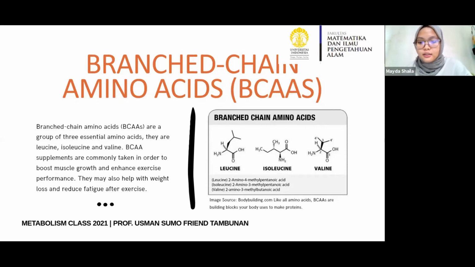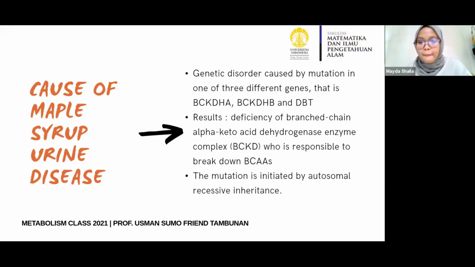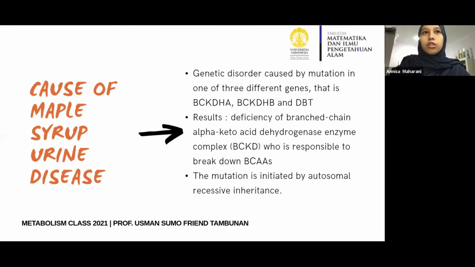Next. So maybe you are wondering, what causes this disease in the first place? Maple syrup urine disease is a rare genetic disorder caused by mutation in one of 3 different genes: BCKDHA, BCKDHB, and DBT.